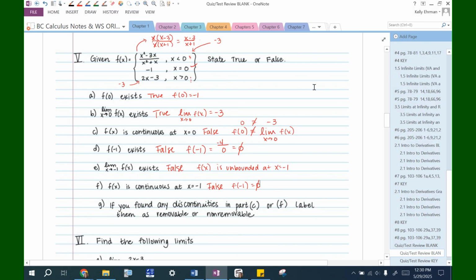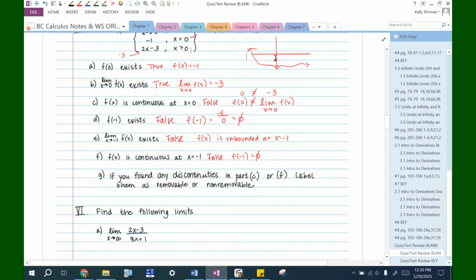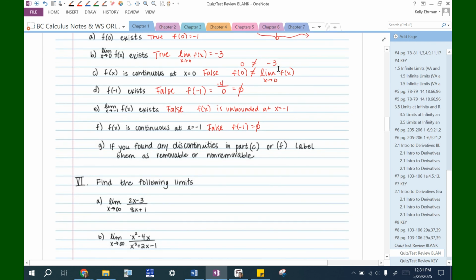So remember the way this graph is, I don't know the exact shapes, but f of 0 is -1. And then the graph is approaching -3, like whatever it looks like. I'm just making something up. So is that a removable or a non-removable discontinuity? That's just a hole in the graph. We could correct the function value and plug it back in here. So if it's just a hole in the graph, then that's removable.